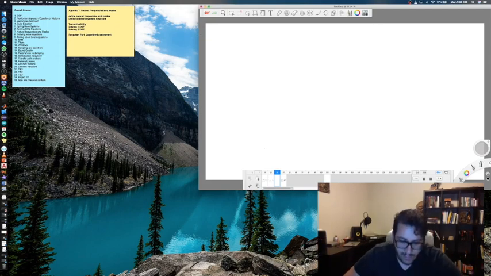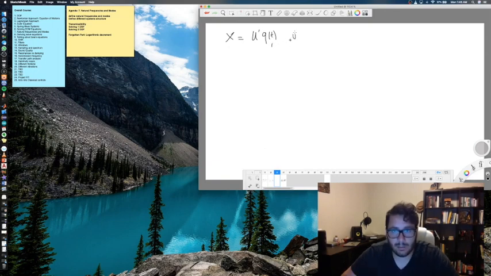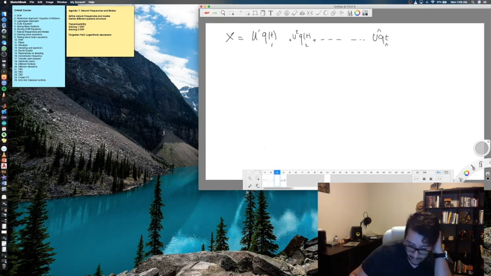So another way I want to write this is X, which is the solution that we just came up with, is going to equal U Q of t. Okay, so you can say U1 q1 of t plus U2 q2 of t plus up to Un qn of t, for n degrees of freedom.